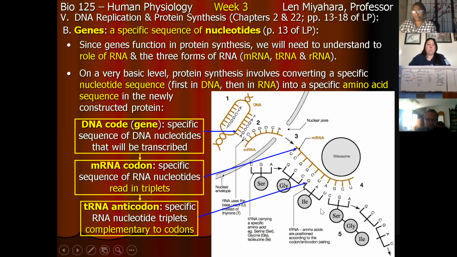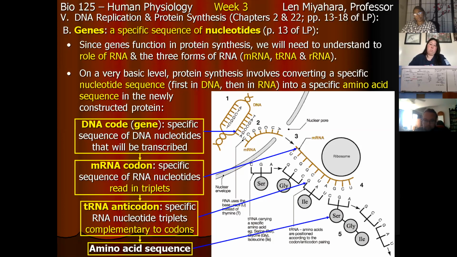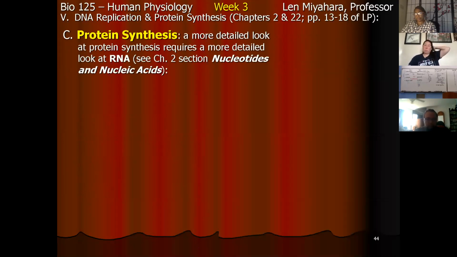So we have an anticodon on one side of the transfer RNA, and on the other side is the amino acid. It's hooked onto the transfer RNA. Eventually, it breaks off the transfer RNA, and you get this growing amino acid sequence. This is the big picture of what we're studying today. Everybody got that? Does that help to have a big picture?